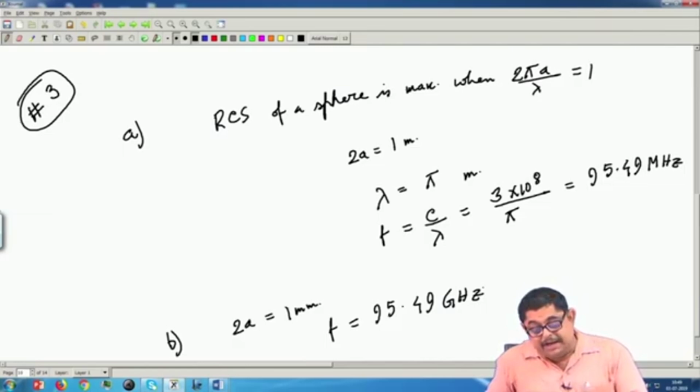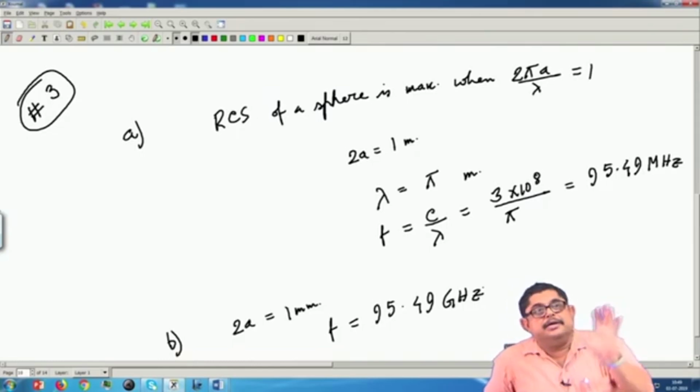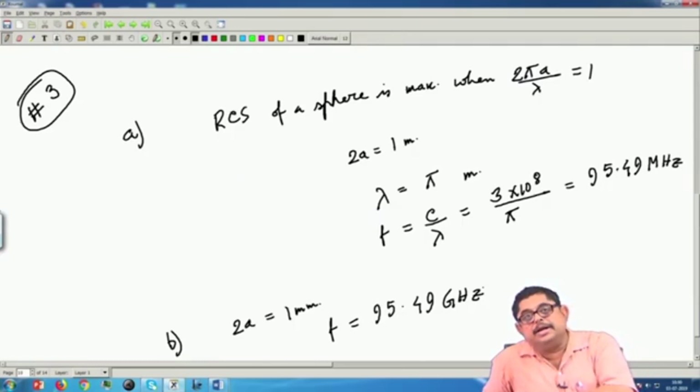So, this is an important thing, that you see that roughly the smaller I want to observe, I will have to go high in frequency. Suppose rain, generally normal radars like UHF radar or microwave radars, rain does not affect them much.